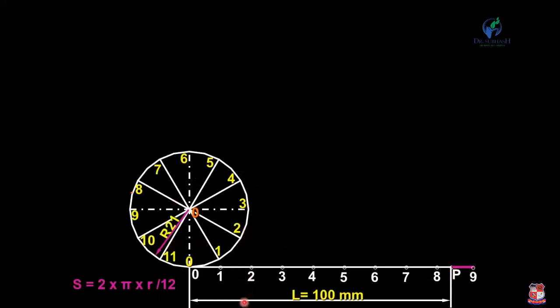For that, first of all, draw a tangent at point 1. Now with 1 as the center and radius equal to 1P, draw an arc and you will get the point P1 here.